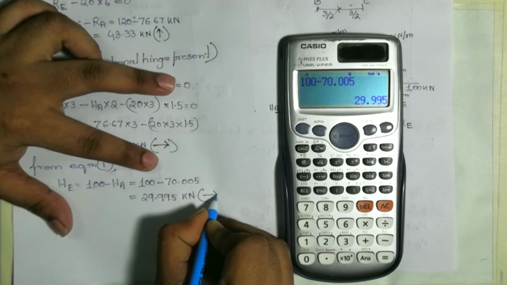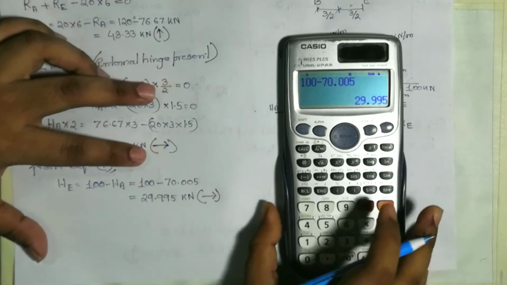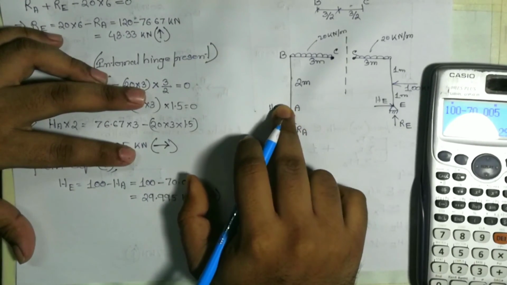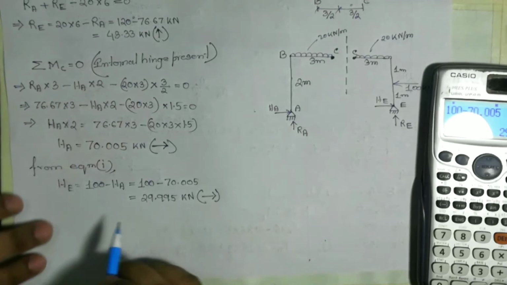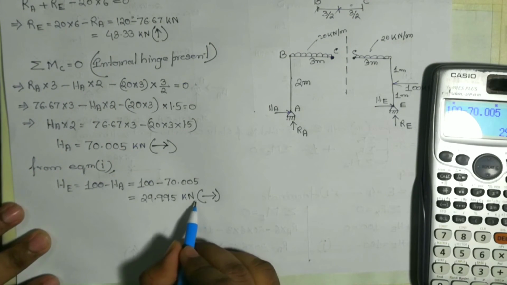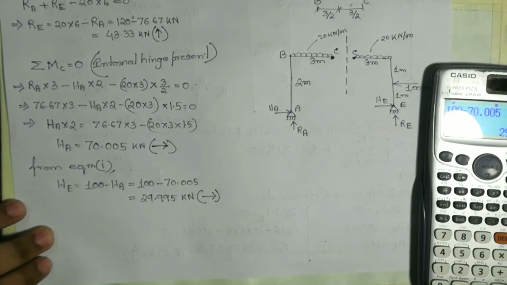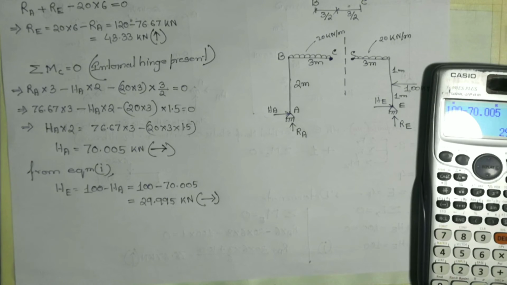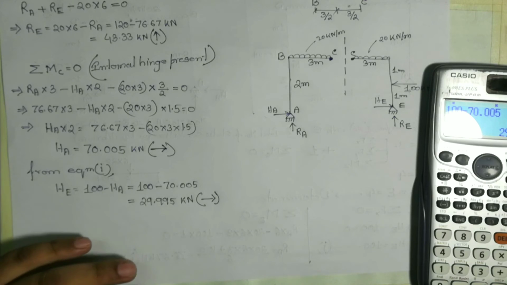For this case also our assumed direction is correct, that is it is acting along the positive x-axis. So HE is 29.995 kilonewton acting along the positive x-axis. So we have obtained all the reaction values.